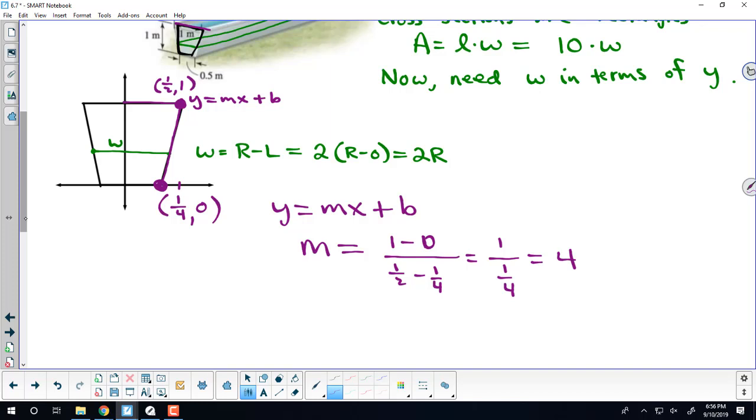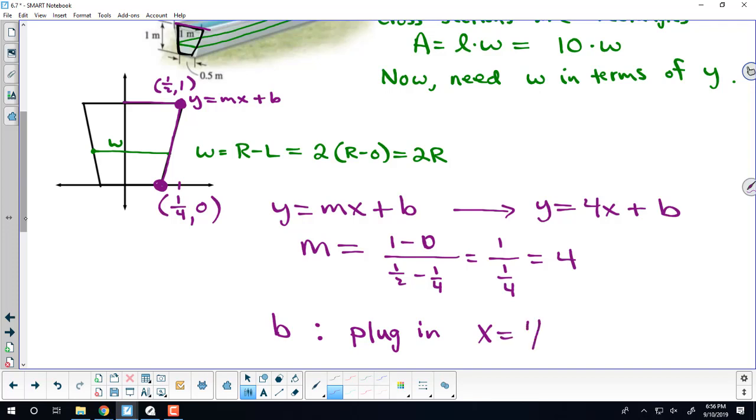And that tells us that this is 4x plus b. And then finding b just is equivalent to putting a point in. So we know the point (1/4, 0) is on the line. So for b, we're going to plug in x equals a fourth, y equals 0.